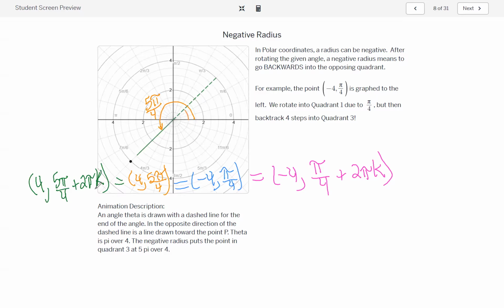So there are actually two infinite lists of points that get us to the same location. But for that particular location, it has to be either 4 or -4 for the radius, and the angle can't be any angle, but it's either coterminal with pi over 4 or 5 pi over 4, depending on whether we're looking at the positive or the negative radius.